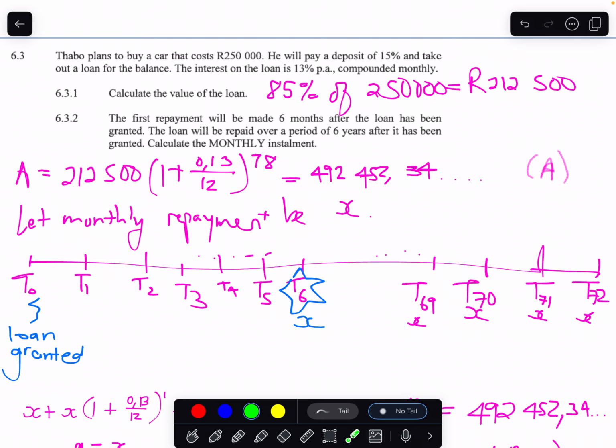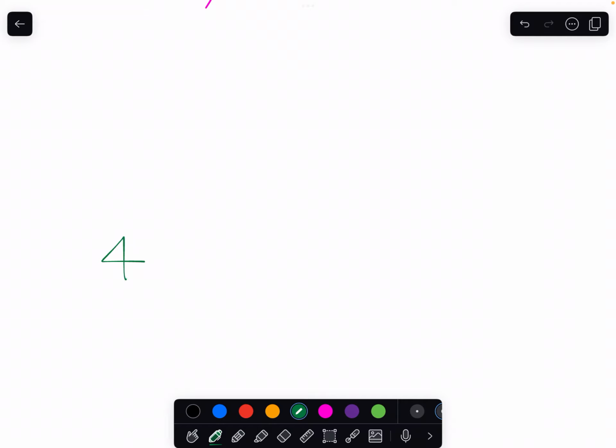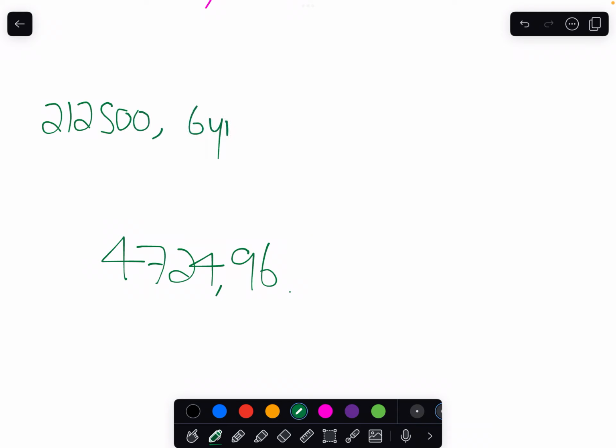Yeah, because I'm just thinking, okay, let's just test their answer. So their answer is 4724.96. So we are saying that this loan, the 212,500, is going to grow for 6 years at 13% per annum, compounded monthly, right?